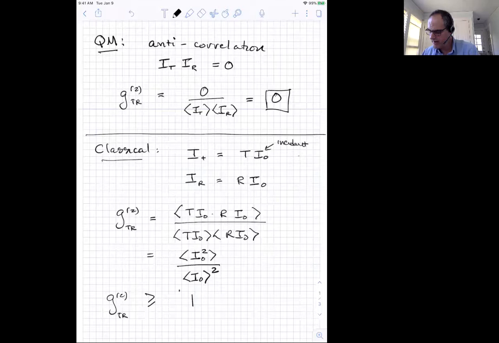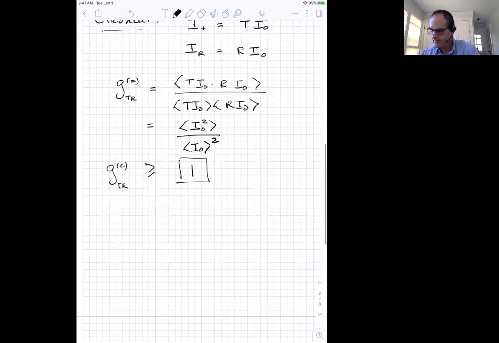And you can see that's quite different than the quantum prediction. So that's really the basis of this experiment. But let's just illustrate it with a couple of cases. And then I want to show you a simulation of the experiment that illustrates it as well. Okay?